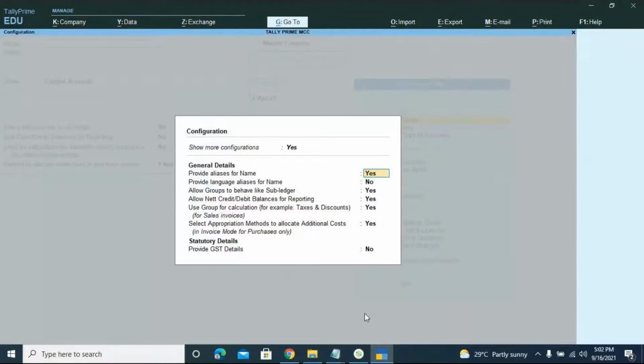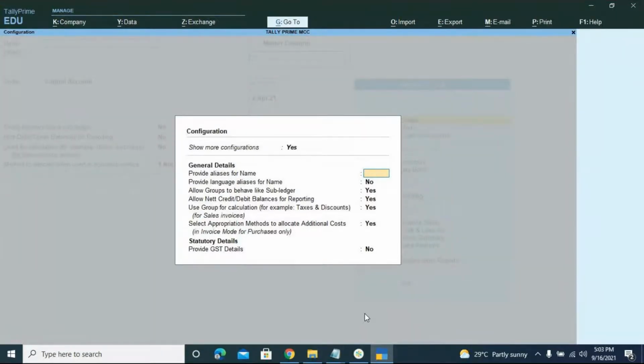So configuration I can say is the updation or addition or deletion of features concerning the current screen which the user is on in the Tally software. I am in the group creation, I am in the voucher creation, I am in the viewing of reports. Wherever I go, I have this F12 configuration option always in the vertical button bar.